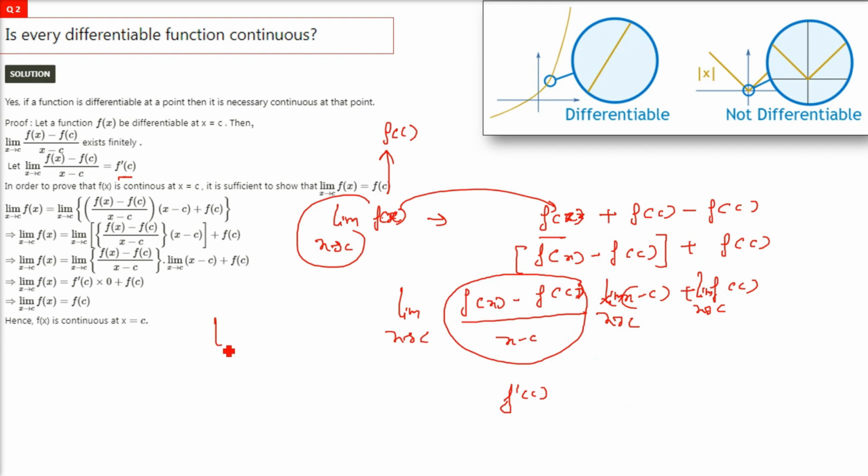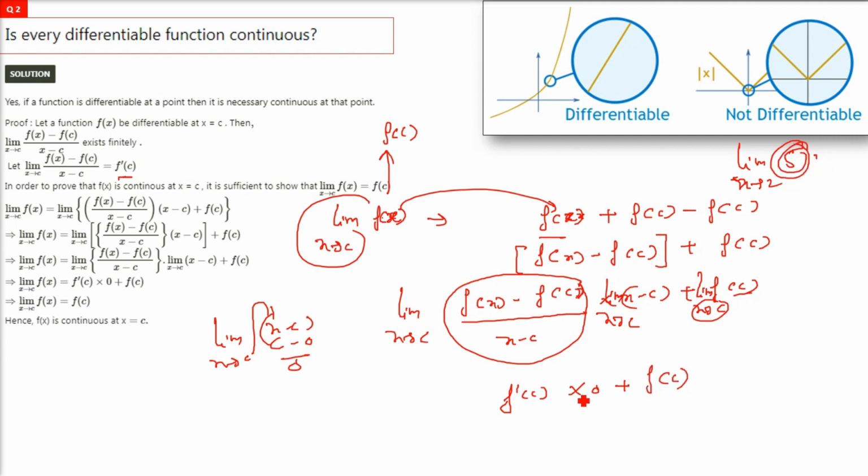Limit x tends to c in x minus c will be what? If you put x as c, c minus c is 0. Plus limit x tends to c of f(c). Since f(c) is a constant, whatever limit you put, it doesn't matter. For example, if you have limit x tends to 2 and you have a value 5, where are you going to put the x? It will always be 5. So just keep it as f(c). f dash c into 0, anything with 0 will be 0.